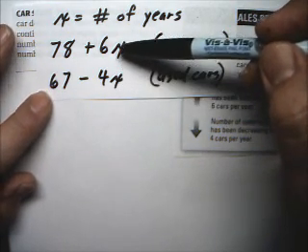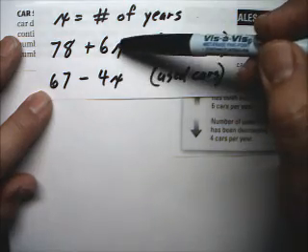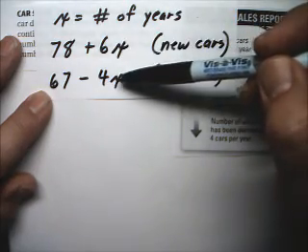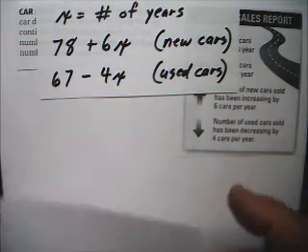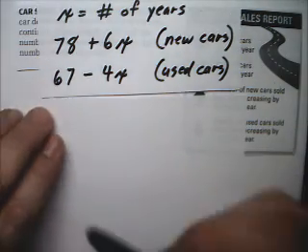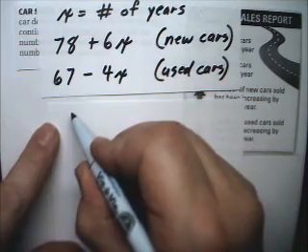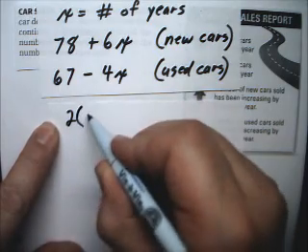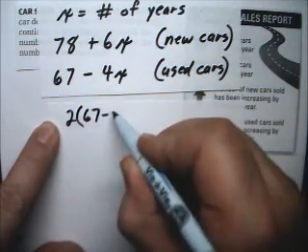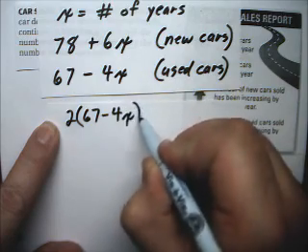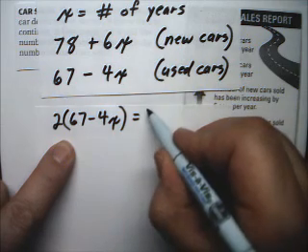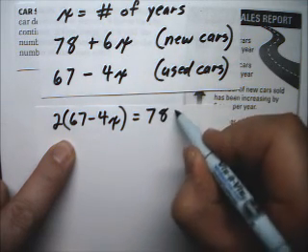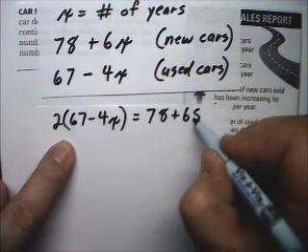So we have to know when this number is going to equal twice as many as this. So I'm going to take the used cars and multiply by 2. And I'm wondering when that equals the new cars, 78 plus 6x.